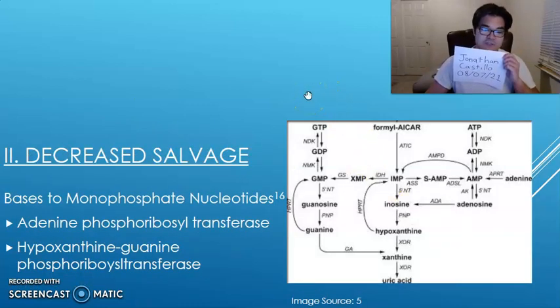Another possible explanation for the presentation of the specific case of gout could be decreased salvage of purines. Salvage is another form of purine synthesis that turns purine bases into monophosphate nucleotides of the purines. Enzymes involved are adenine phosphoribosyltransferase, or APRT, and hypoxanthine guanine phosphoribosyltransferase, or HGPRT.